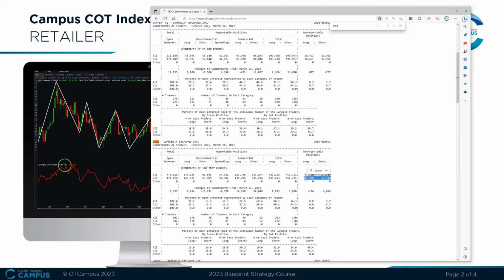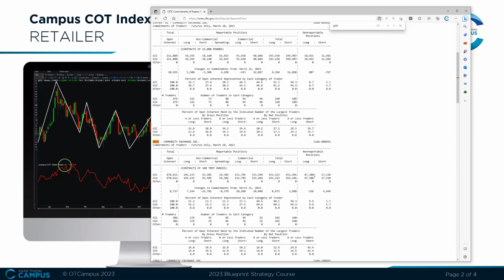Now, we don't have to report what we do. The reportable positions, they have to report what they do. However, whenever we trade or enter a central marketplace, we would still be captured within the overall longs and shorts. So what they basically do is they take the total and subtract the reportables, and they're left with the non-reportables.